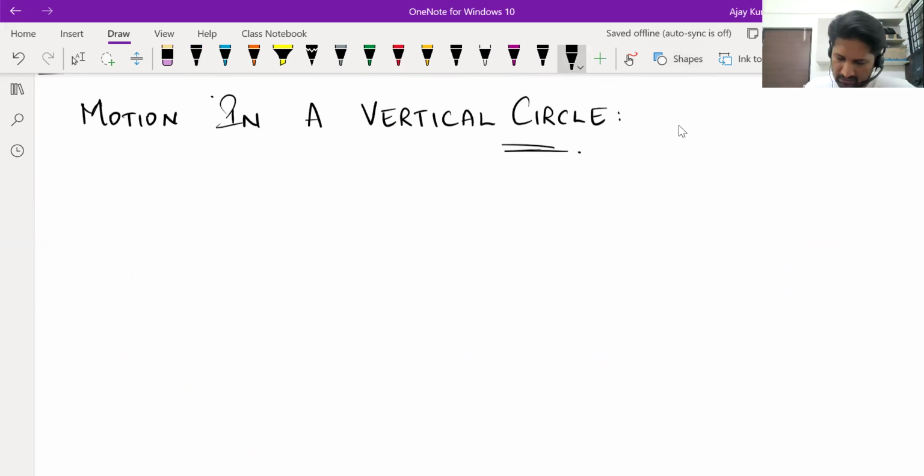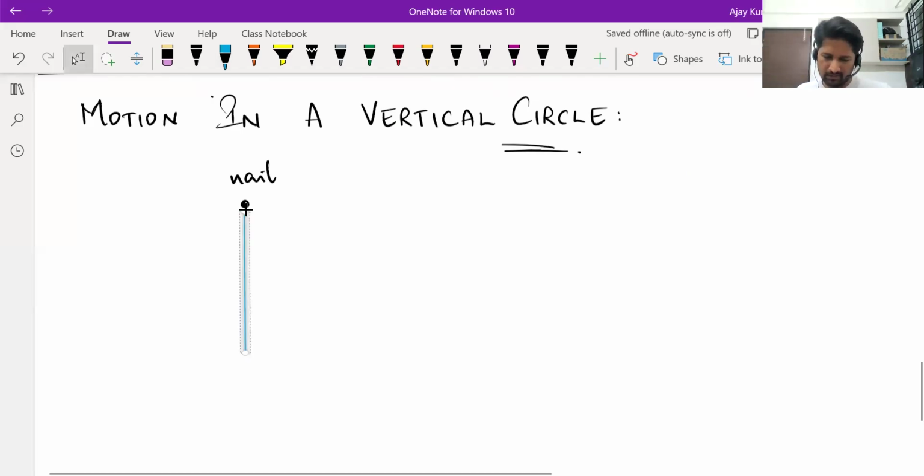Consider a situation like this. Again, same fixed nail object and all. Assume an object is suspended by means of a string from that nail.